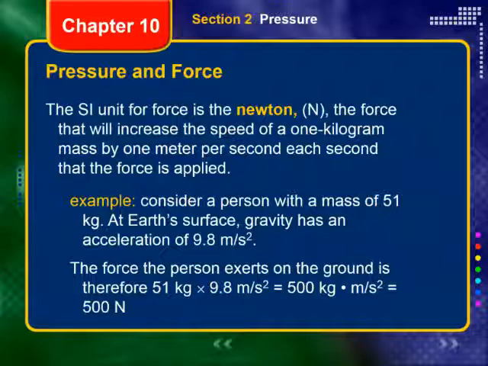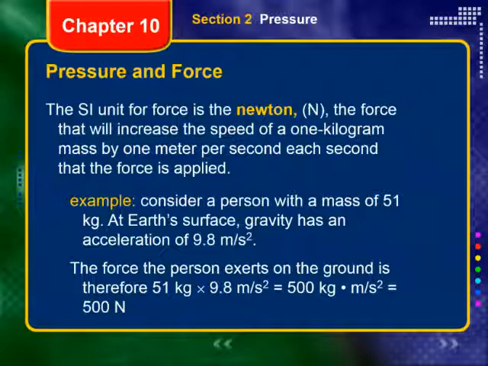That's why the seconds is squared in that denominator. The force that person exerts on the ground is therefore 51 kilograms multiplied by 9.8 meters per second squared. We multiply those numbers, the 51 multiplied by the 9.8, and we get about 500.